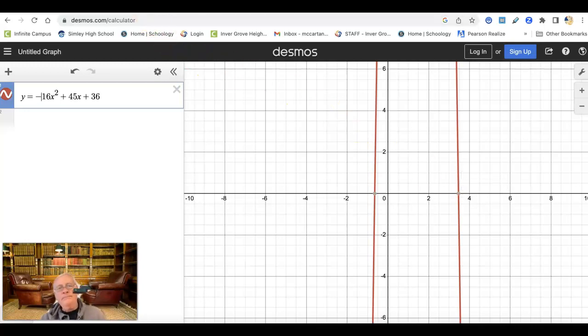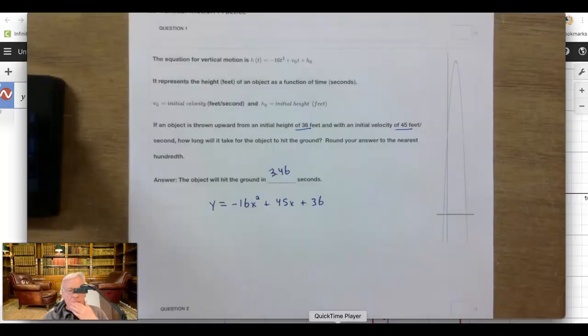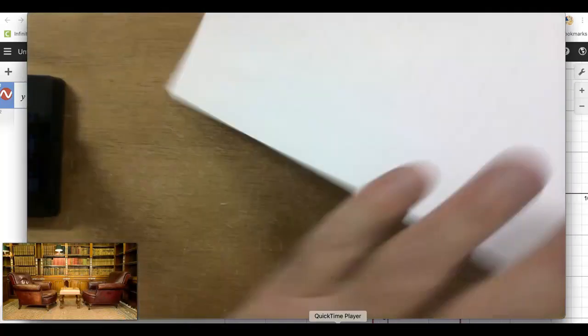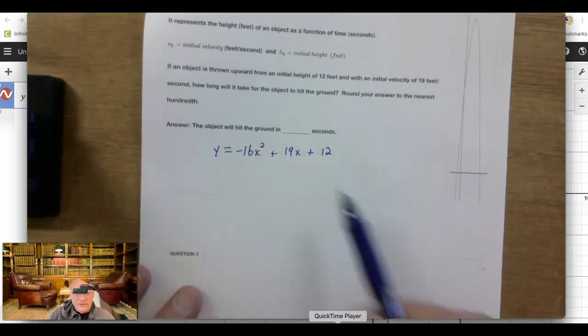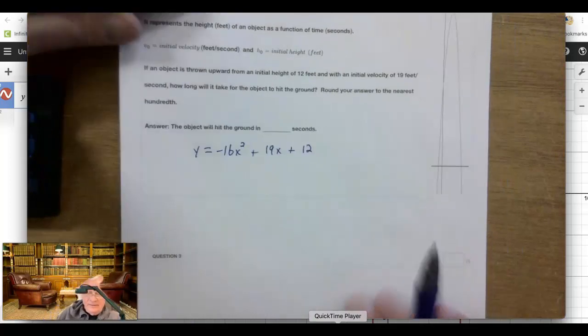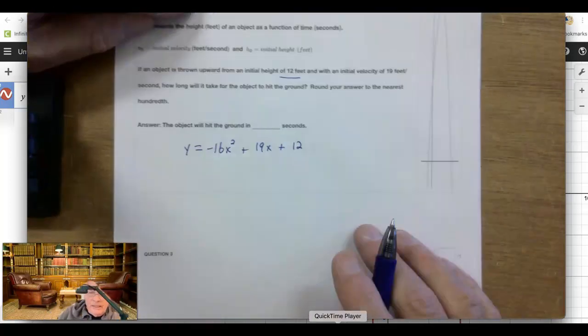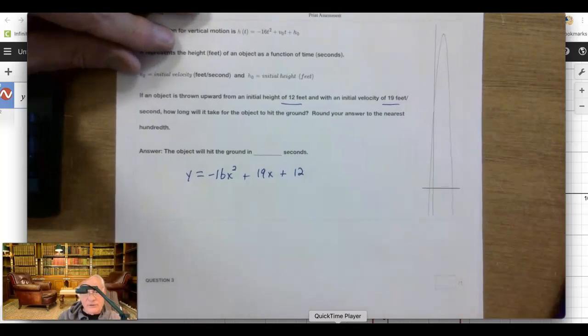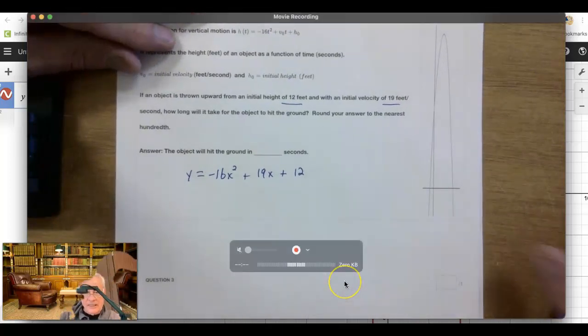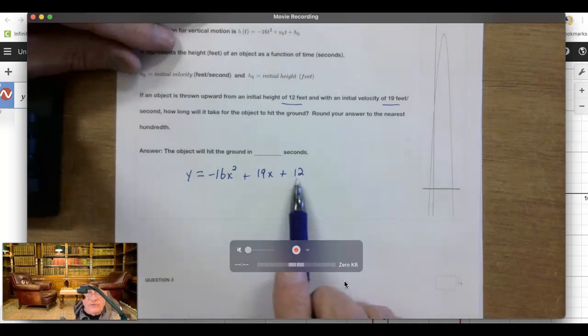All right. Number 2. Same thing, guys. It's the same setup. The only difference is now it's a height of 12 feet and 19 feet per second is the velocity. So the setup here has 19 here and 12 here.